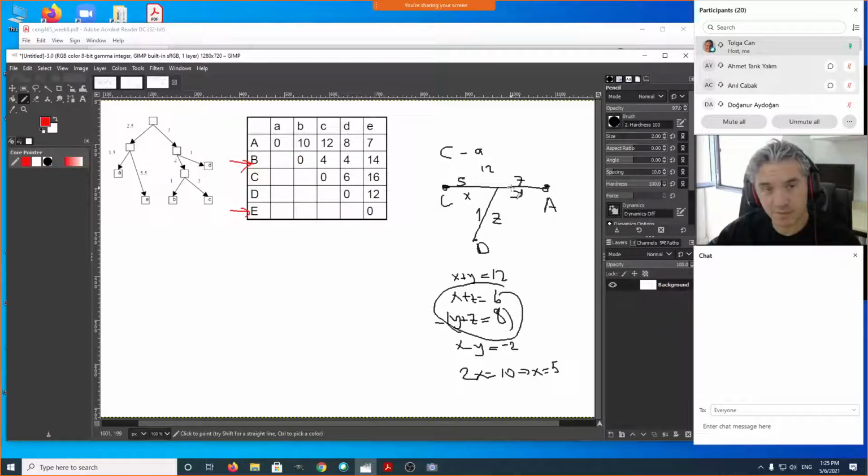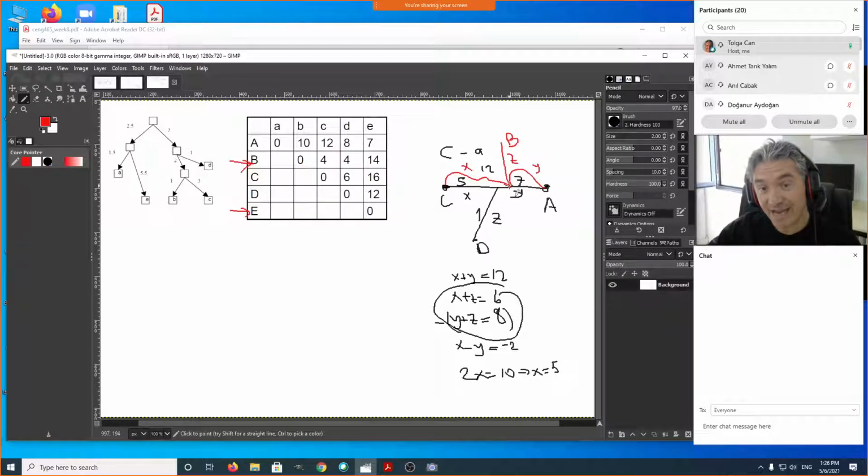But what we need to be careful about in this algorithm is, after we find the branching, for example, let's try to branch b from here. The x that I define is going to be here, y is going to be here, and this is going to be z.